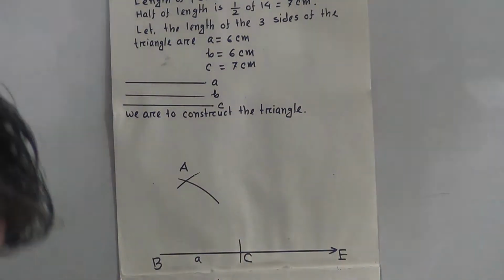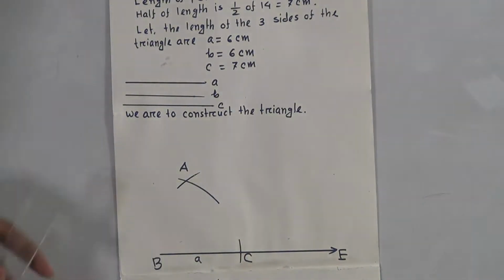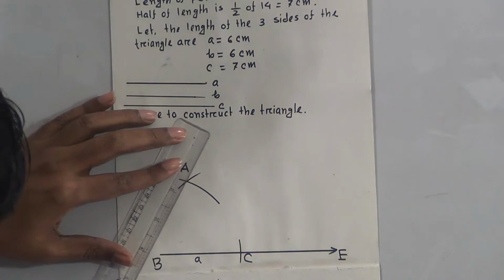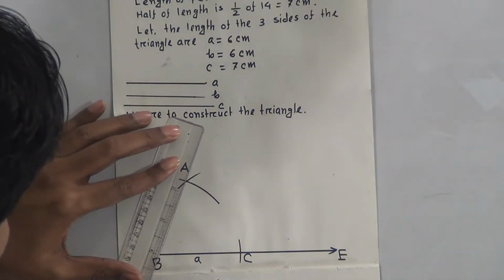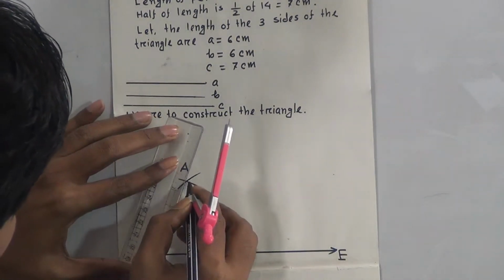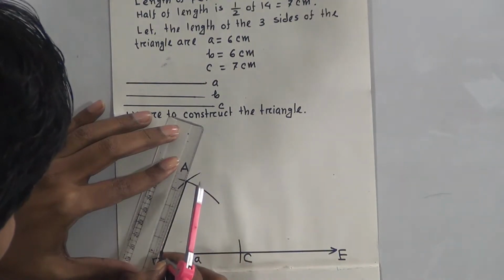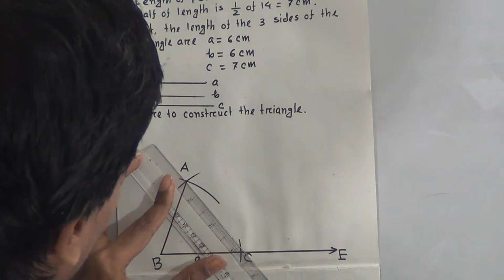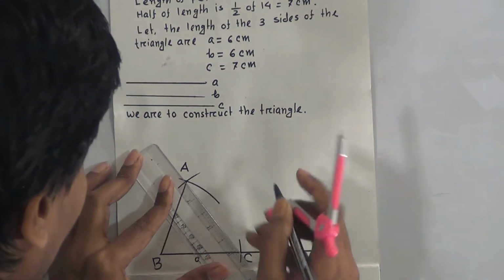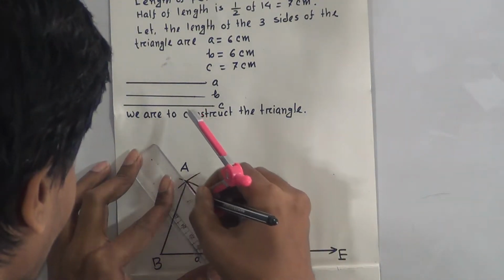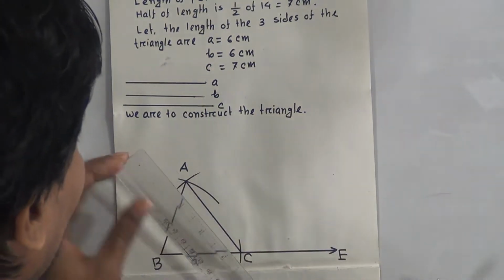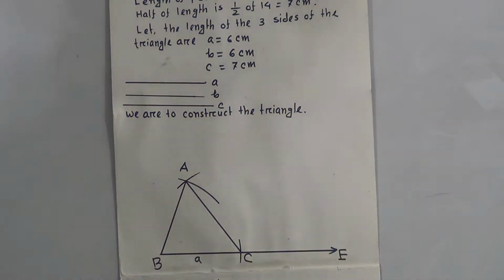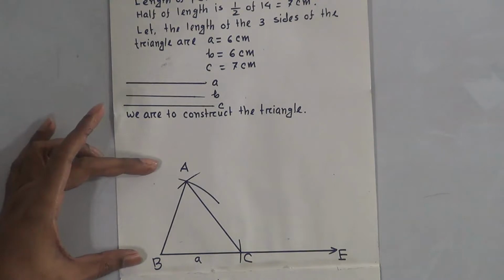Okay, now join the points. Look dear student, then join the points AB and AC.